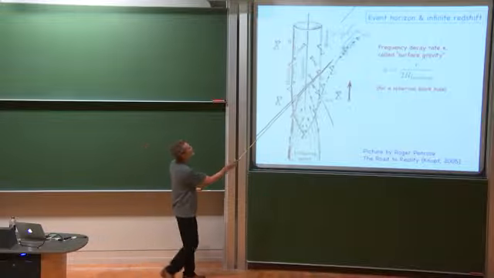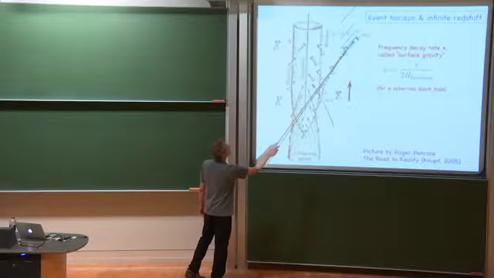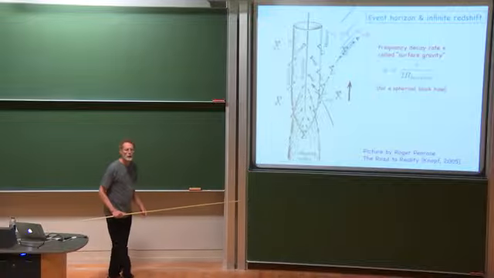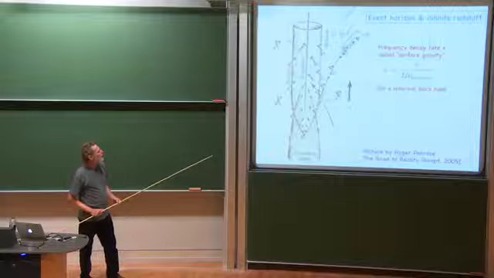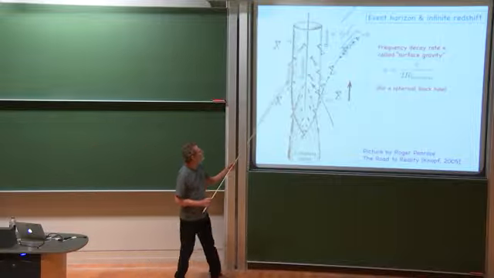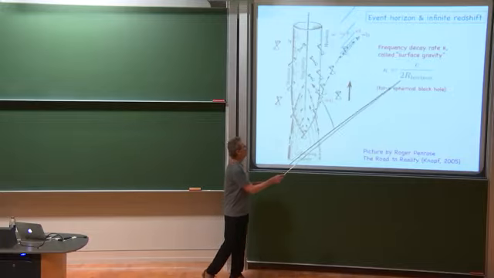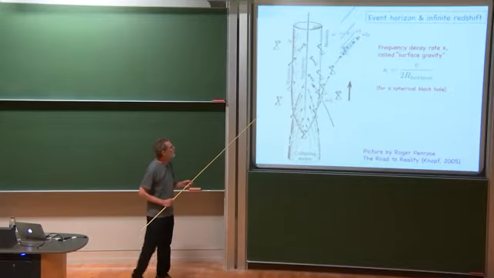And in fact, that frequency is redshifted by an amount e to the minus kappa t. Kappa is called the surface gravity of the black hole, and it's the speed of light for a spherical black hole divided by twice the Schwarzschild radius.